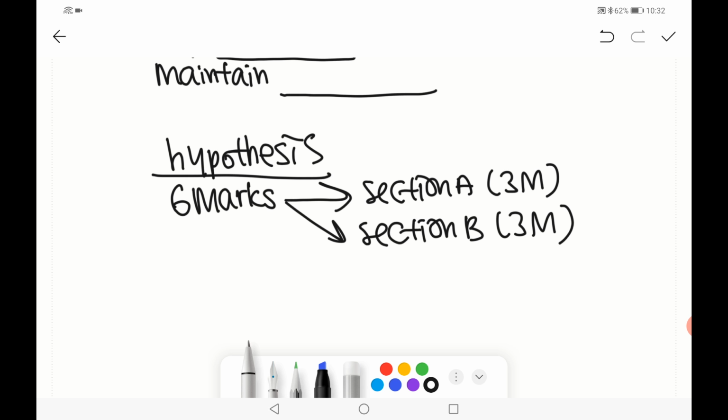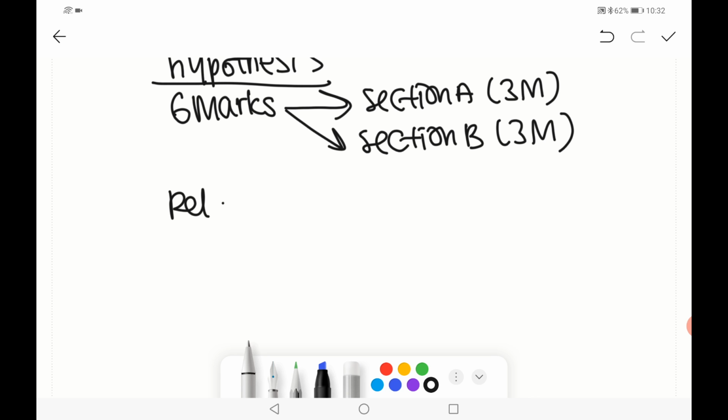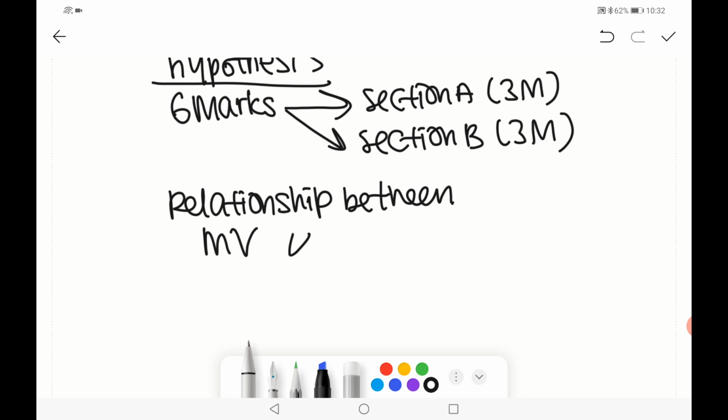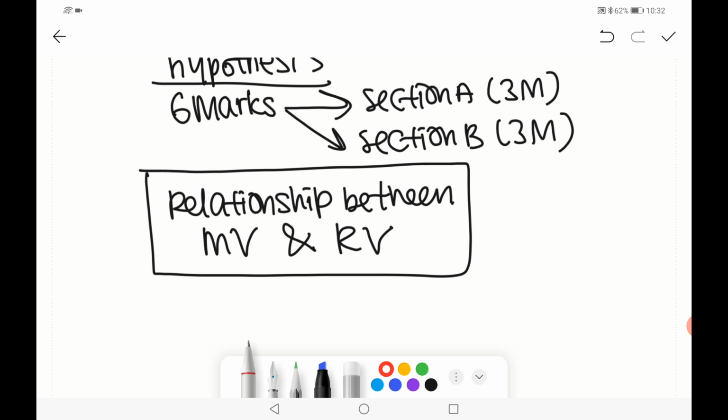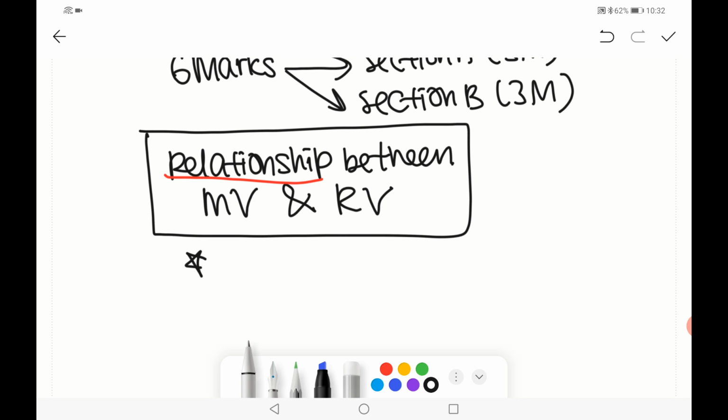So what is hypothesis all about? Hypothesis is all about the relationship between the manipulated variable and the responding variable. When you come to hypothesis, sequence is important.